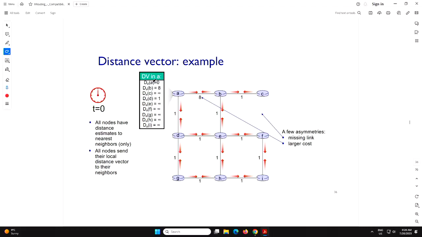So A knows that to go to B, the cost is 8. We are using 8 this way, 8 that way also. So we are using symmetric links, so the cost both ways is the same, but they do not have to be like that, right? This is for simplicity.